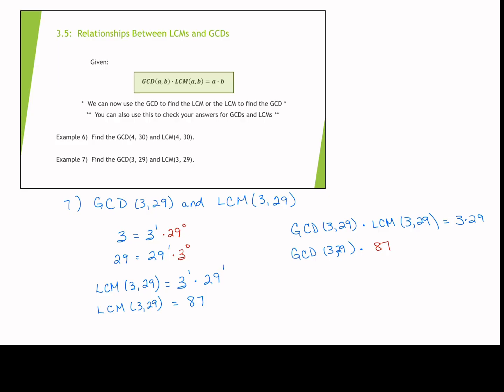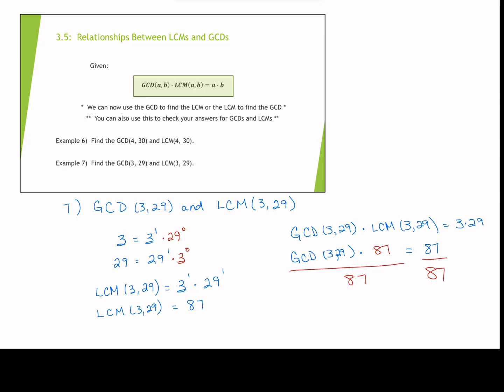From here, the right side of the equation can be evaluated, and we know that 3 times 29 is also 87. So in order to find the GCD, we still need to divide, but this time we're dividing both sides of the equation by 87. When you carry out this division, we recognize that the GCD, or greatest common divisor, between 3 and 29 turns out to be just 1. 87 divided by 87, anything divided by itself, is 1.